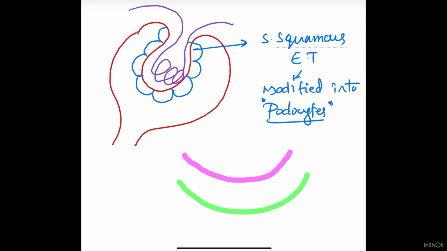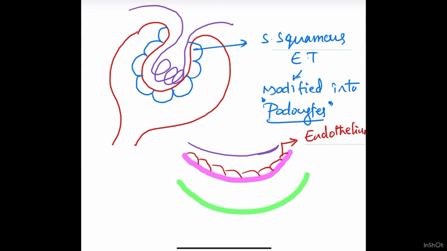Let us have an idea. The blood vessel layer will be lined by simple squamous epithelium only. This is also a single layer, and this is called endothelium.